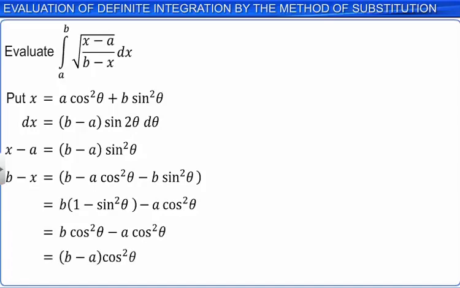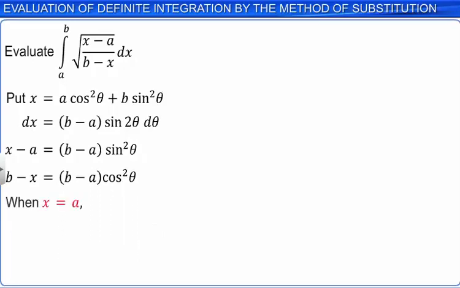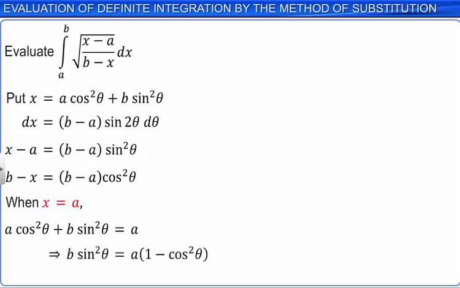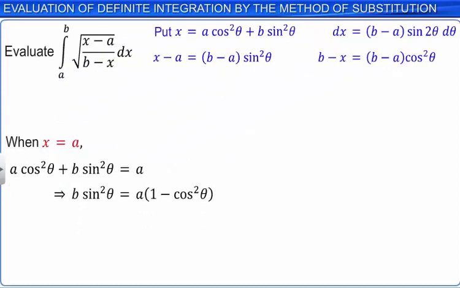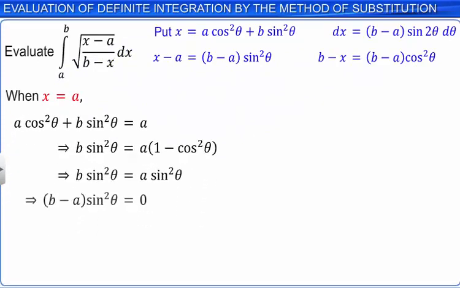Now, we will find the limits of the integral with respect to the new variable theta. When x is equal to a, a cos square theta plus b sin square theta is equal to a. On simplification, we get the value of theta as 0 degrees. Therefore, when x is equal to a, theta is equal to 0 degrees.